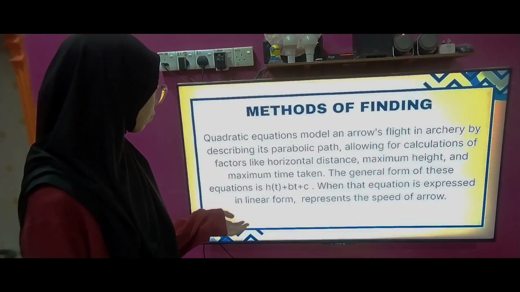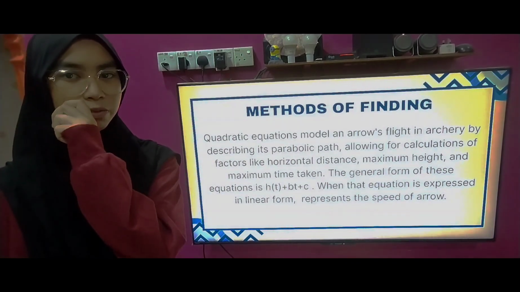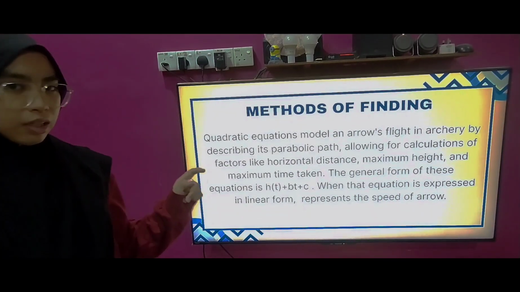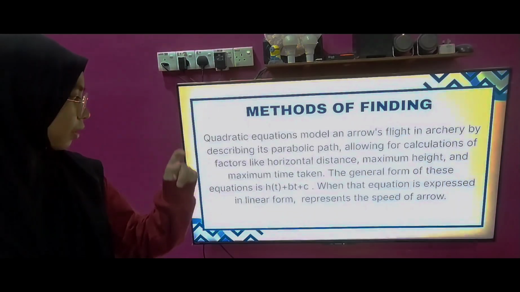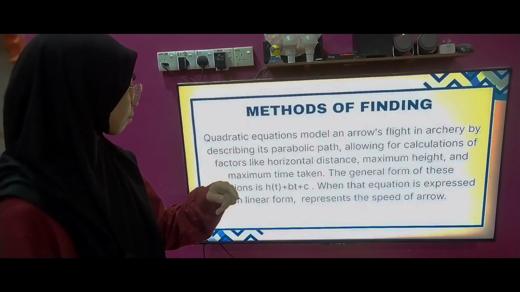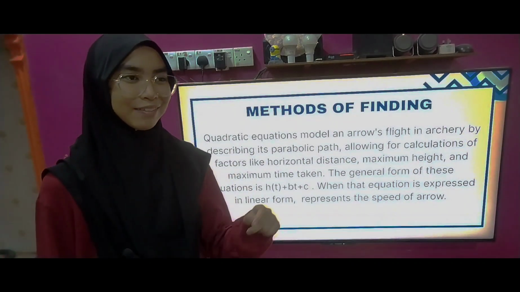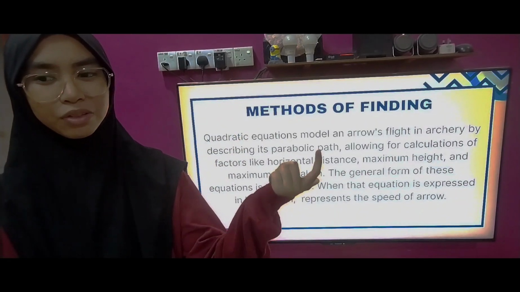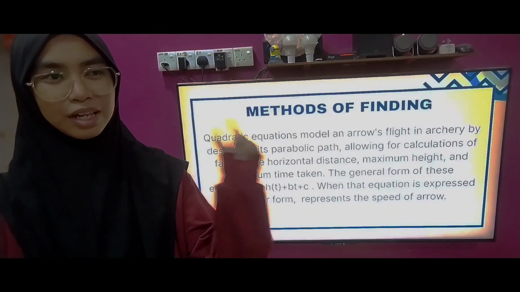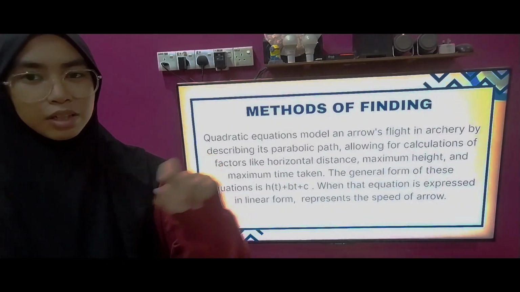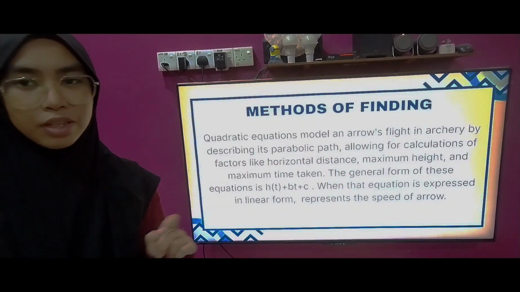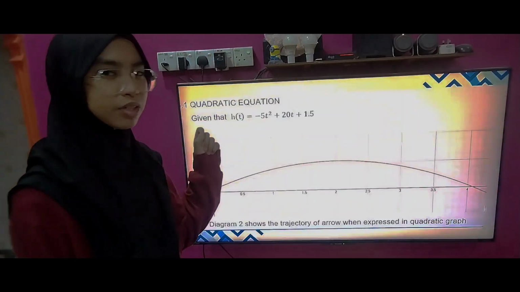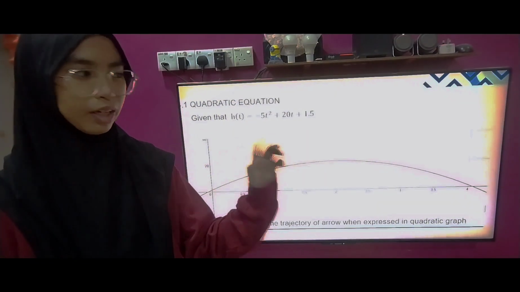So the general form of the equation that we will use is h(t) = at² + bt + c. That is because we will just use the quadratic equation, but we'll give it a twist. We'll put the x into t because the x-axis that we'll be using represents the time taken for the arrow to reach the ground or the target.